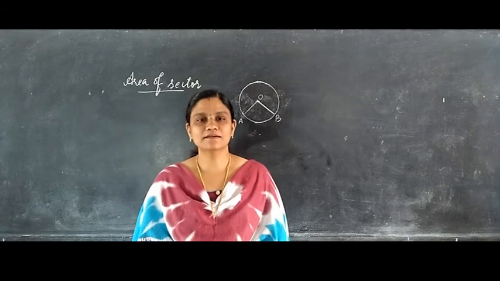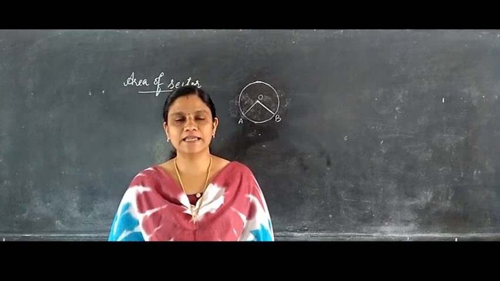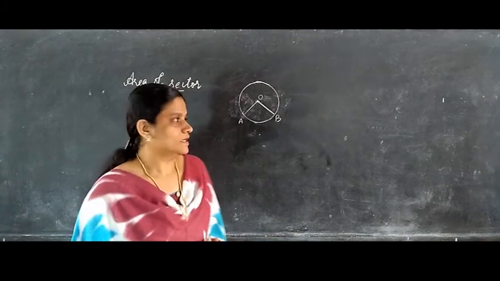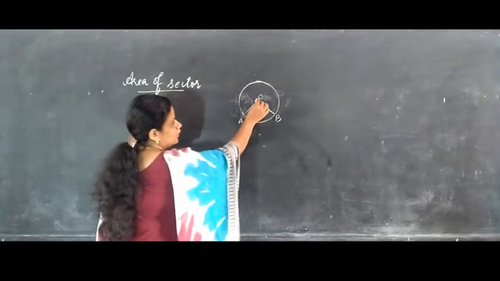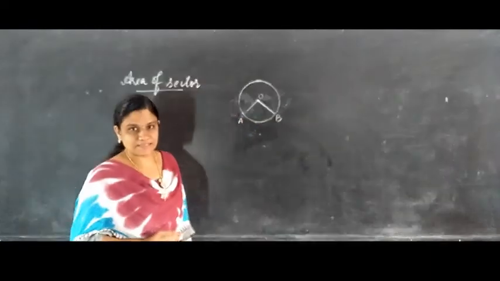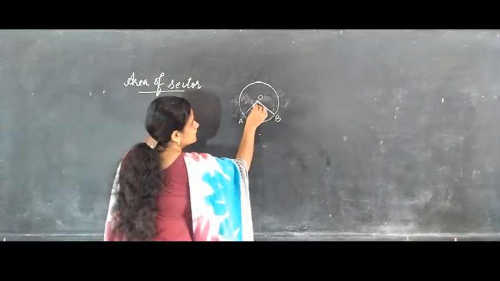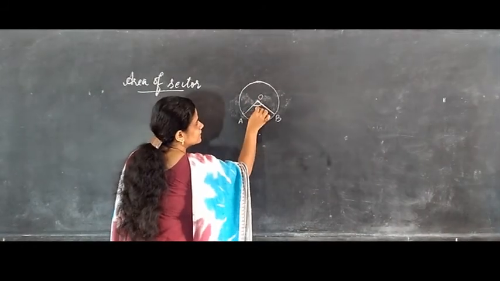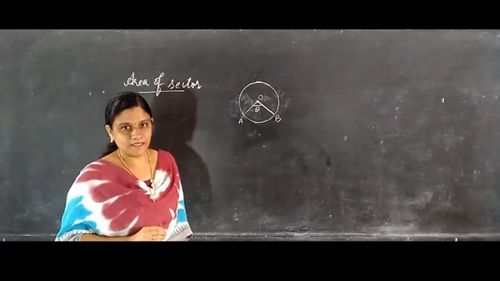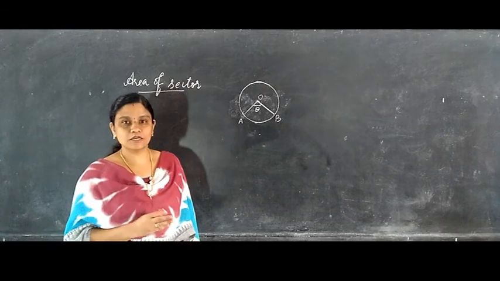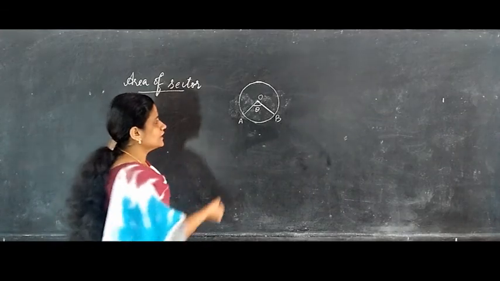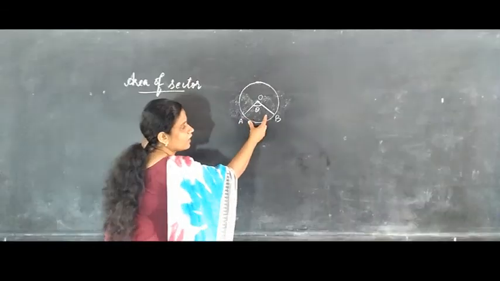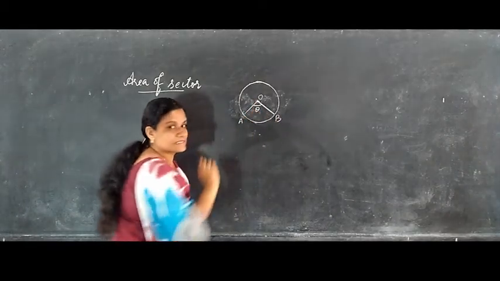Next, we will learn the formula to find the area of a sector. As we know, OAB is a sector and here let the angle be theta. Now, you know the area of the circle is equal to pi r squared. Here we have to find the area of this minor sector.